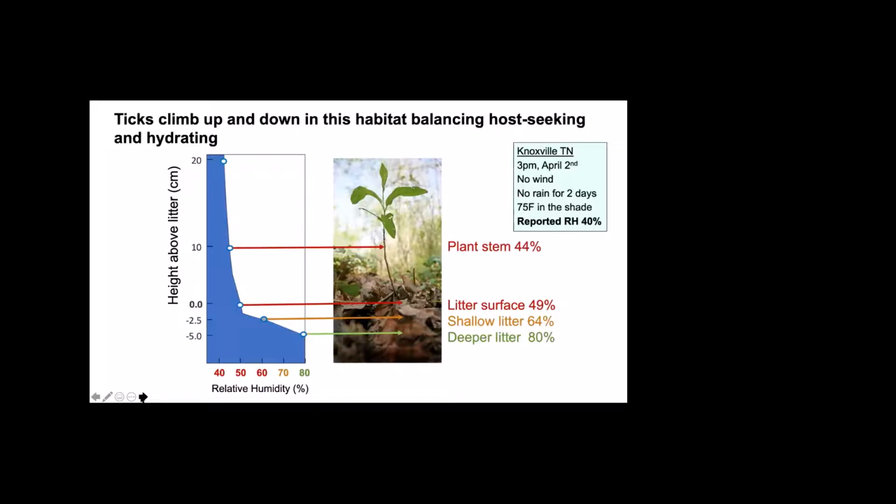And so in the north and in the south, there are shrews that really travel a lot under the leaf litter. And in the south, the skinks are really traveling a lot under the leaf litter. And they are the hosts that are nailed by these ticks.